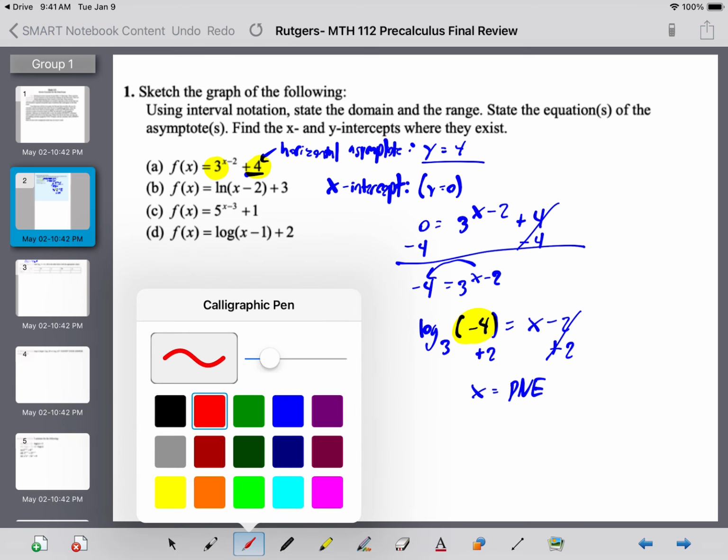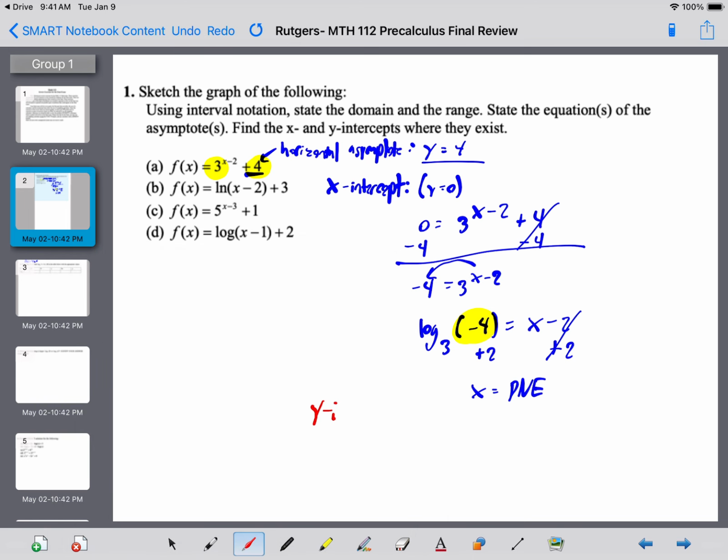Now for the y-intercept. A y-intercept is where x equals 0. So we're going to plug in 0 for x. So 0 minus 2 is negative 2. 3 to the negative 2 is just the reciprocal of 3 squared, which is 1 over 3 squared.